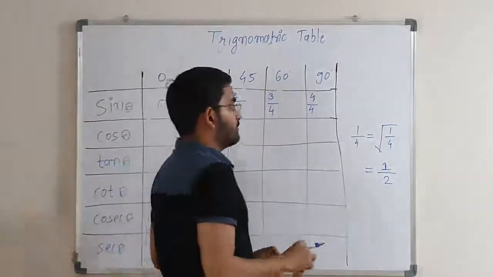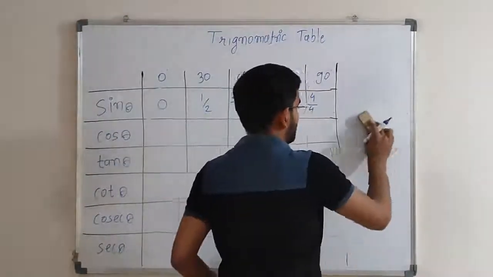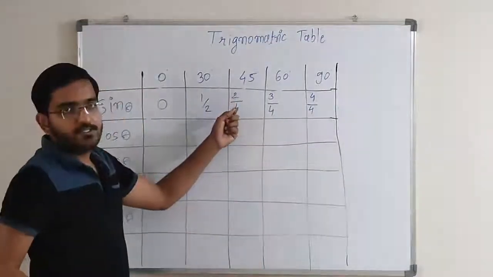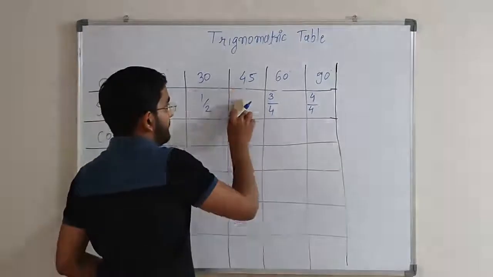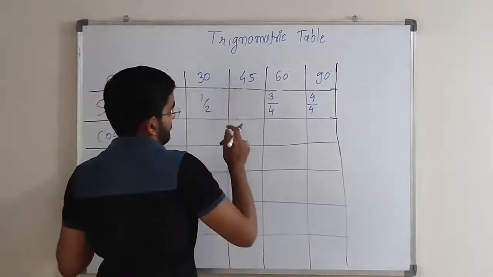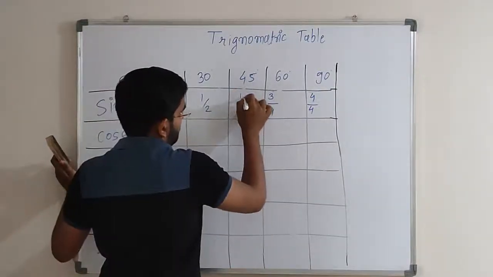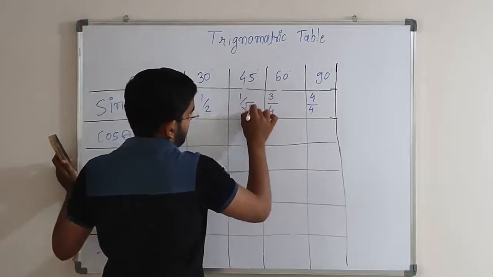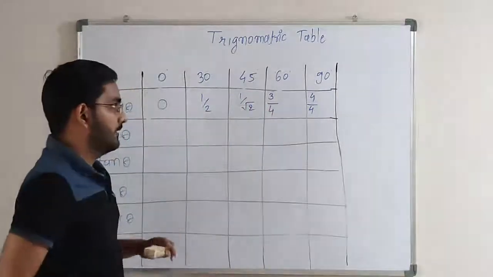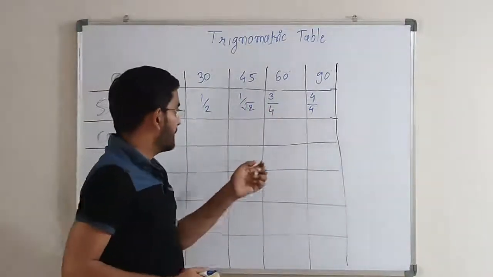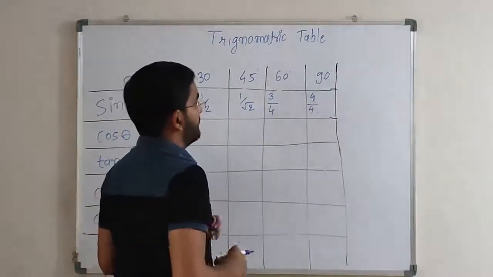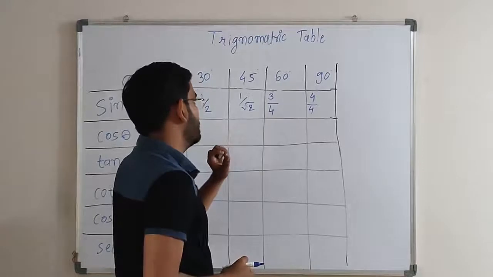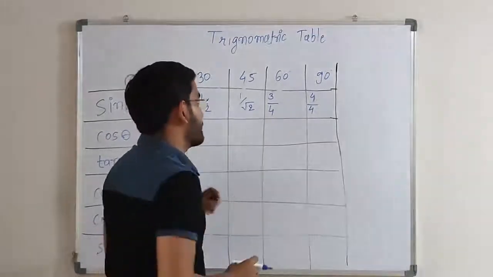Next is 2 by 4. 2 by 4 is equal to 1 by 2, and the square root of 1 by 2 is equal to 1 upon root 2. Now 3 by 4 cannot be directly divided by a natural number, so we keep it as it is and then we take the square root.